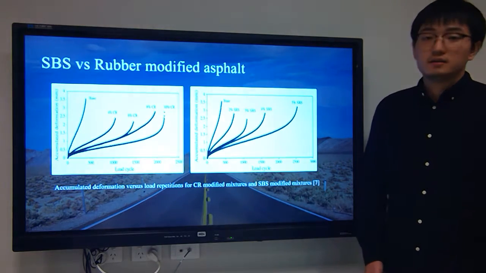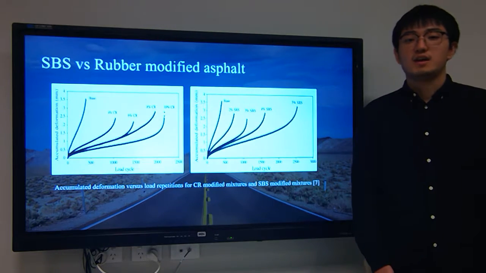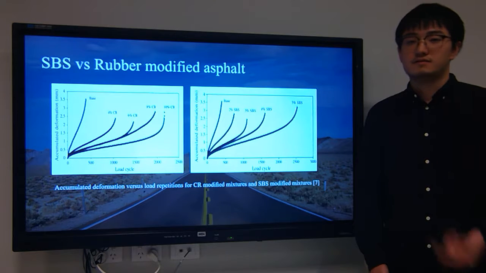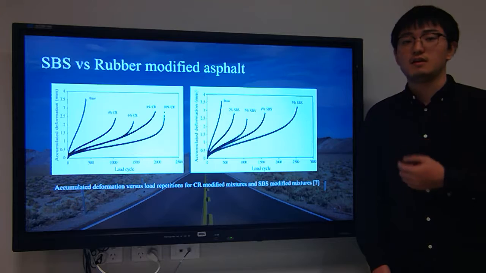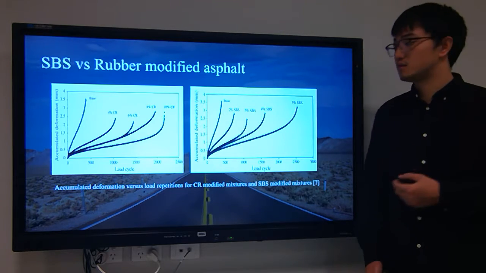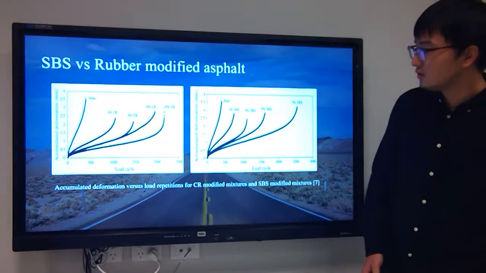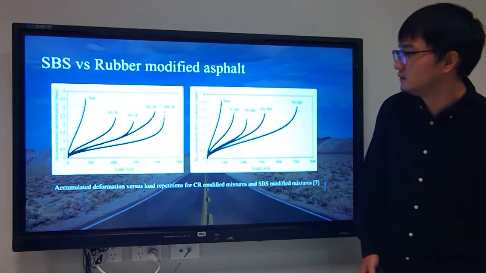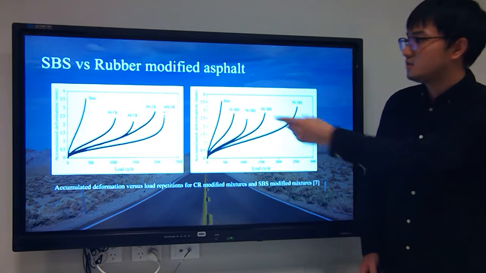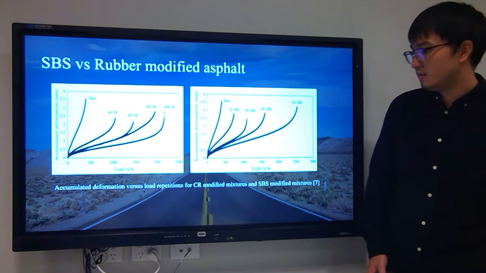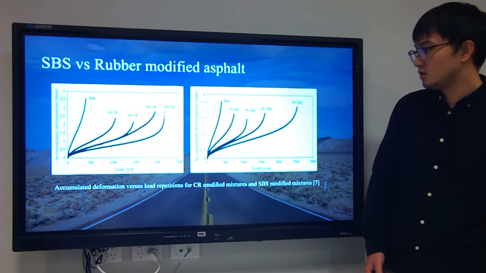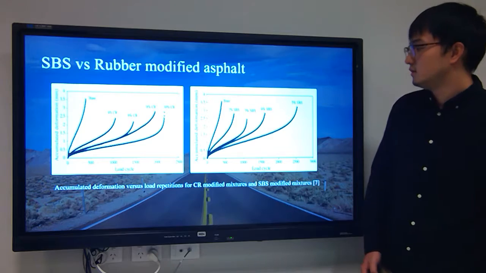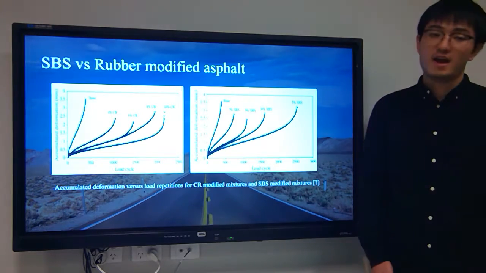There is a comparison graph between SBS and the rubber modified asphalt. It obviously proves the feasibility of replacing aggregate with rubber particles. You can see 8% of prime rubber particle modified mixtures has the same functions as 4 or 5% of SBS.